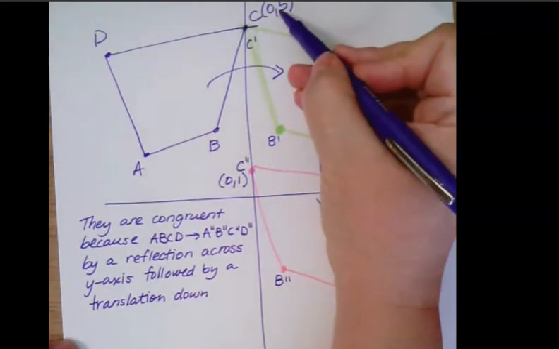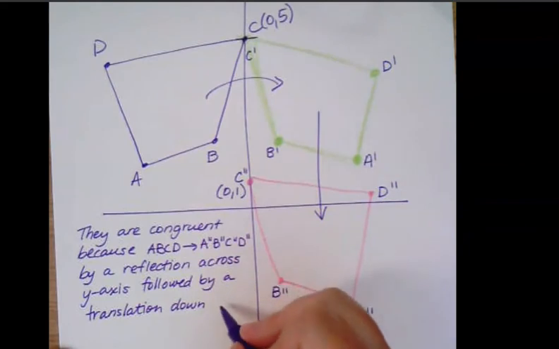And the 4 is me taking the 5 and the 1 and saying we're shifting down 4.